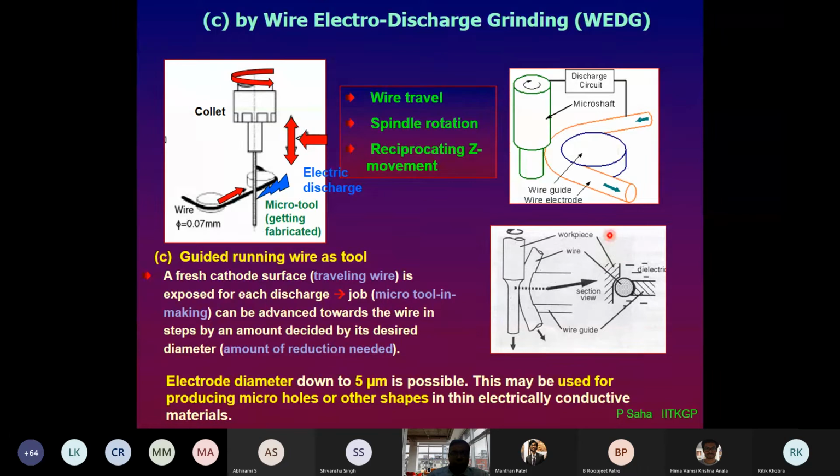So what is the setup? Just think of this. This is my rod, from which, in the bottom portion of the rod, I remove some amount of material in steps. I have shown you only one step, but it could have multiple steps.